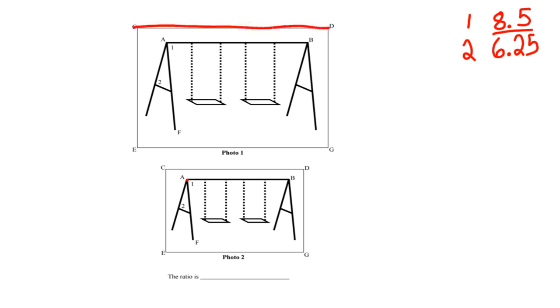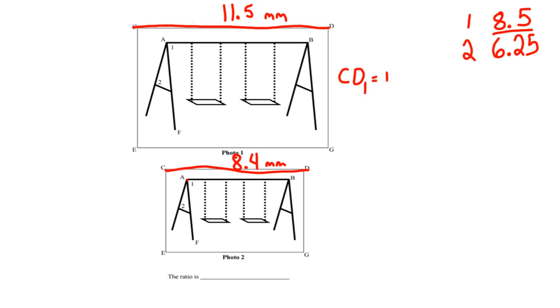CD is going to go straight across here, and CD is also going to go straight across here. If I look on the top, I've got 11.5 millimeters. On the bottom, it's going to be about 8 4/10 millimeters.